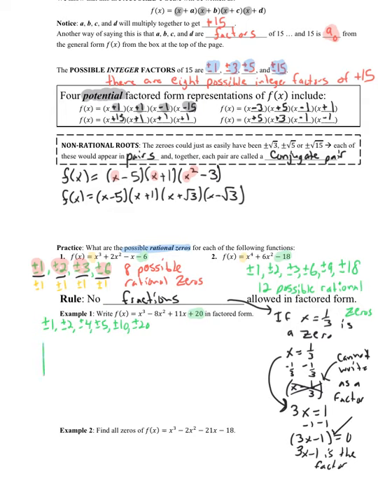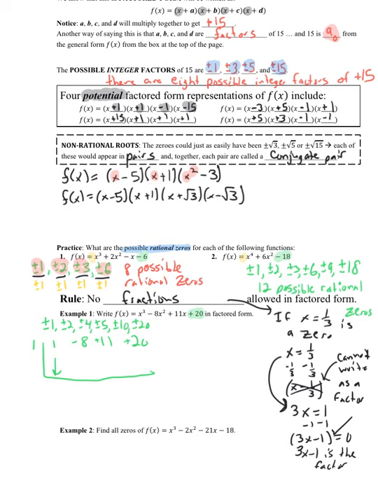So I'm going to use synthetic division here, and I'm going to start with the positive 1. The synthetic division numbers are going to be 1, -8, +11, and +20.